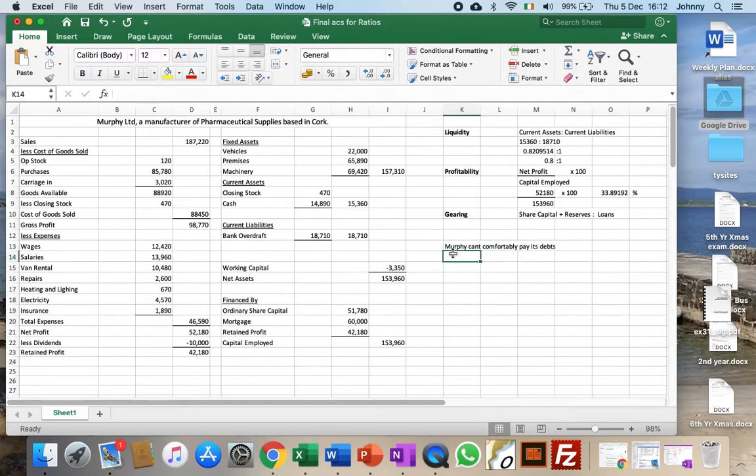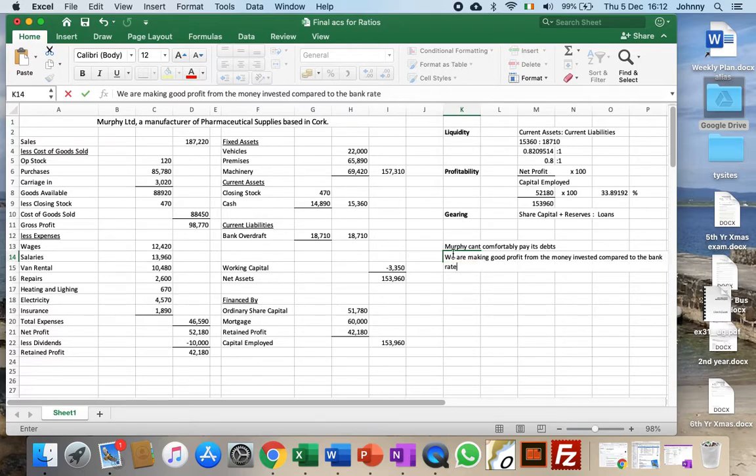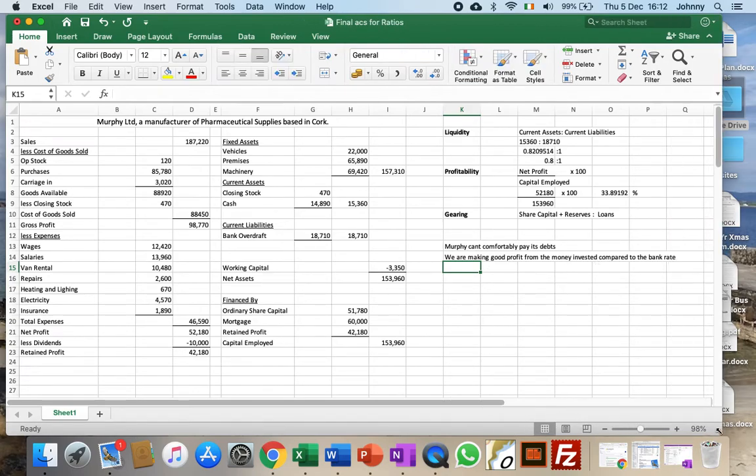So we're making a good profit from the money invested. We're comparing it to the bank rate because we could have put the money into the bank and maybe got 2% interest. We're assuming it's 2% interest. We're making a lot more, making 33%. So we're really happy about how much profit this business is making.